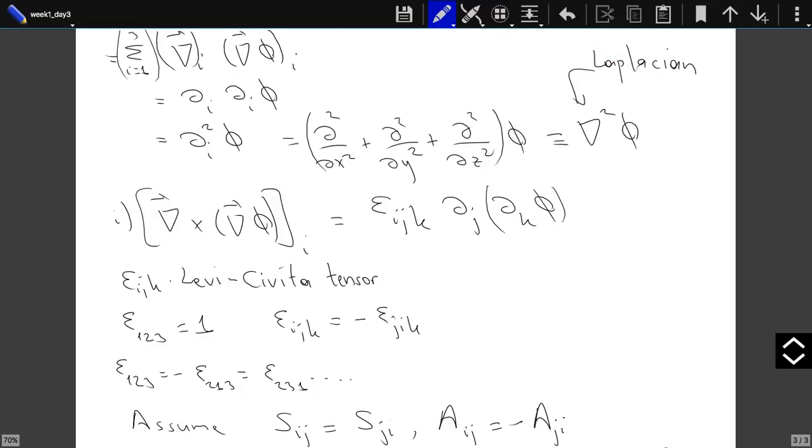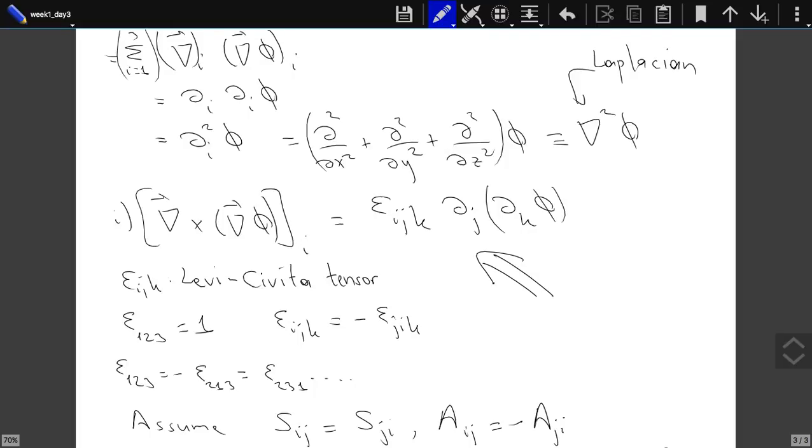Well, where will I use it? Let's see. Epsilon ijk. If I change the positions of j and k, by definition it is anti-symmetric. It changes sign. So epsilon ijk is anti-symmetric in j and k. The derivative with respect to xj and the derivative with respect to xk, well, I can change their order. So that second derivative is symmetric under the exchange of j and k.